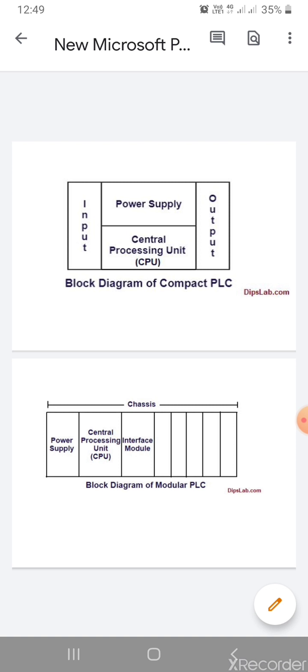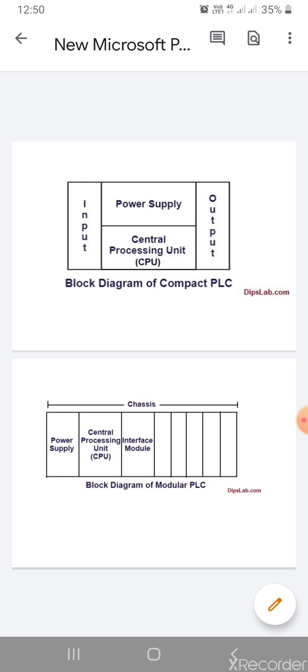These compact PLCs are used for small scale uses, and a single case contains multiple built-in modules. The CPU, input output interfaces and other components are mounted in a compact chassis, or I can say on a frame.